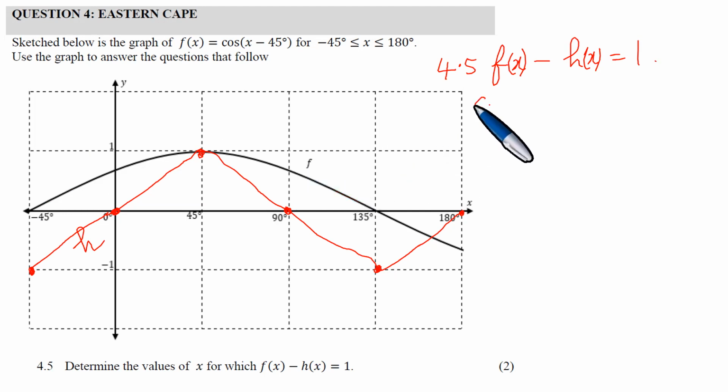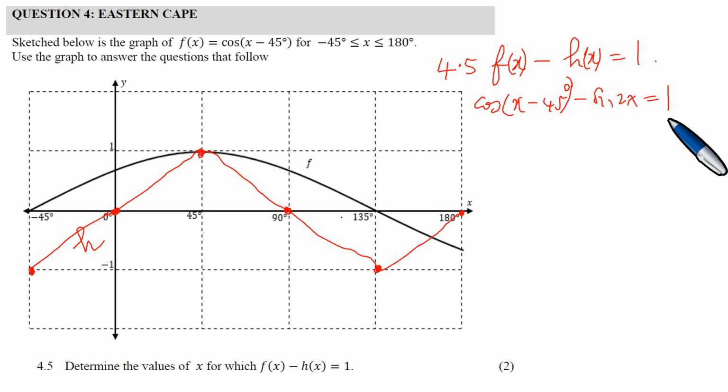So obviously, it would mean that it's the cosine of x minus 45 degrees minus the sine of 2x equals 1. Okay, so we just substituted the actual defining equations of the two graphs, and therefore, what is the answer to this here?